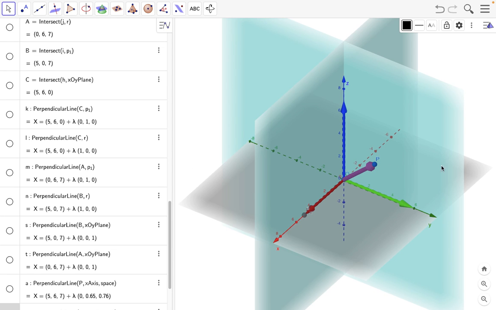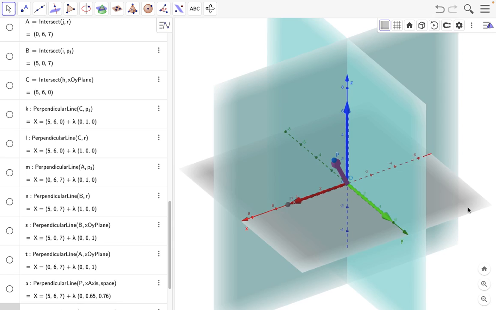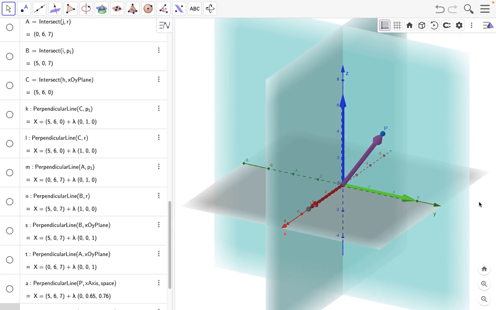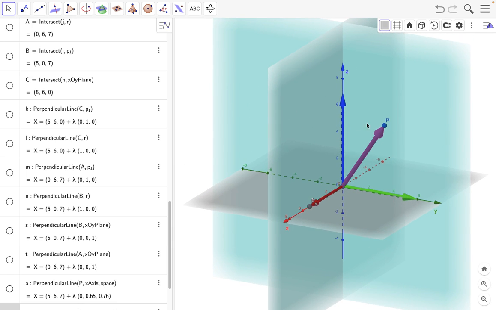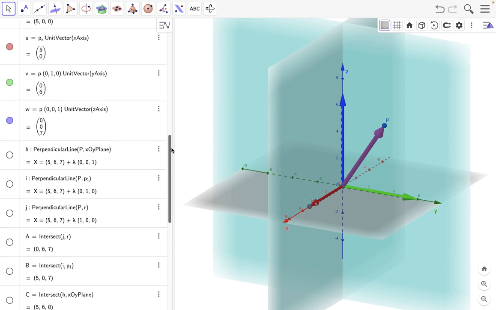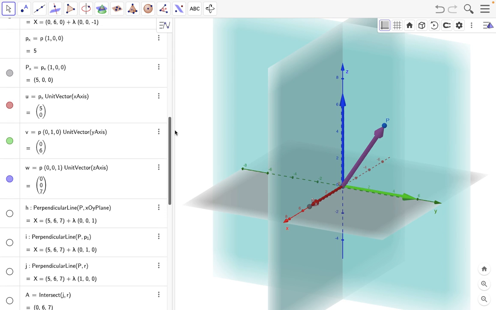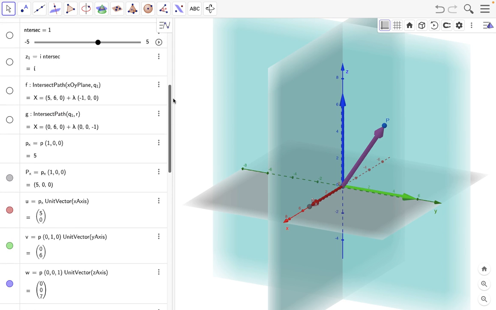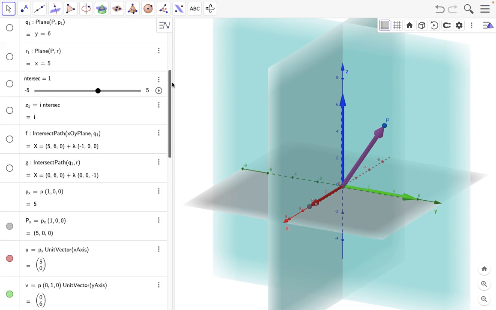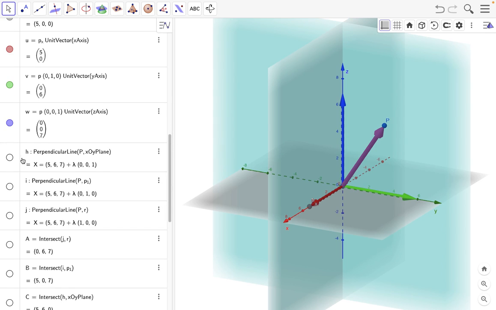So how to get the components? That was the question, right? Now we will draw perpendiculars from these on the planes. So let us draw that. You see that this is from P on the z plane.